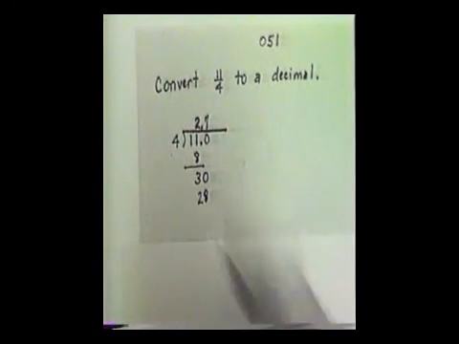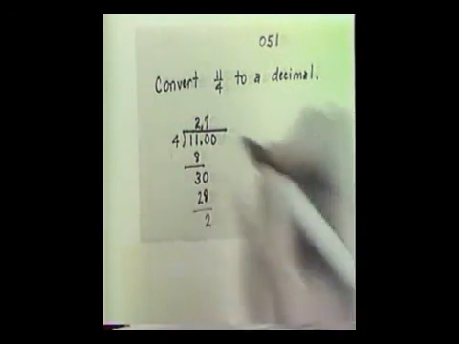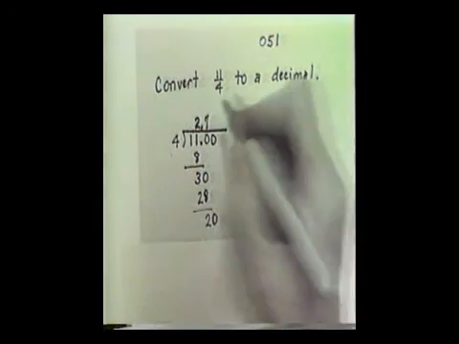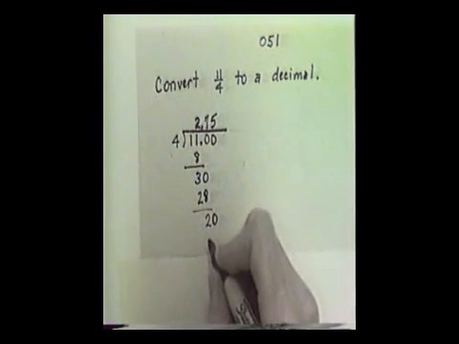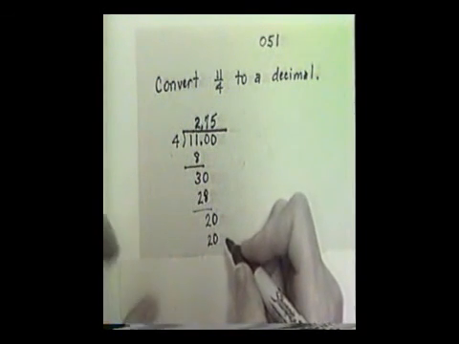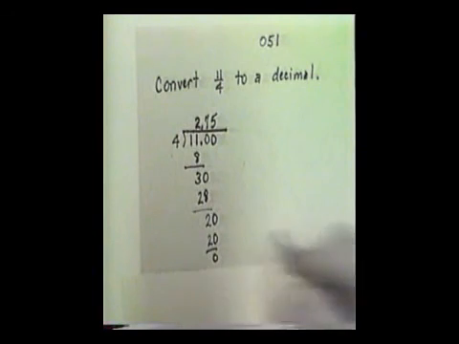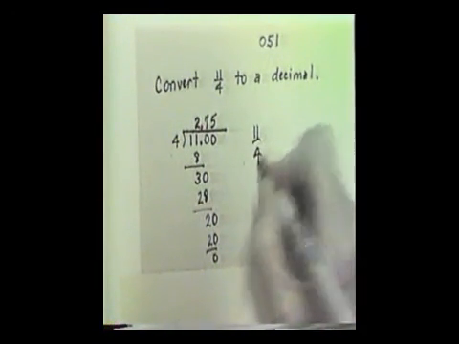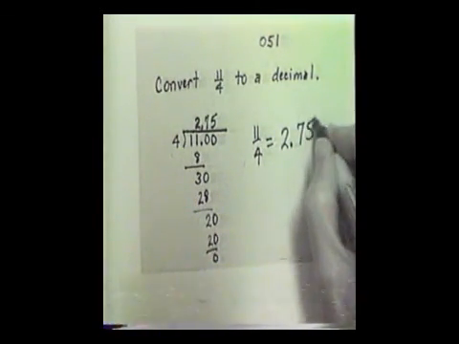We subtract and get 2, and another 0 affixed to the dividend lets us bring down 0. Divide 4 into 20, and we get 5. 5 times 4 is 20. The remainder is 0. And so our answer is that 11/4 is the same as 2 and 75 hundredths.